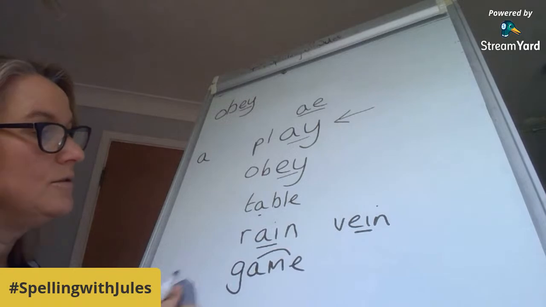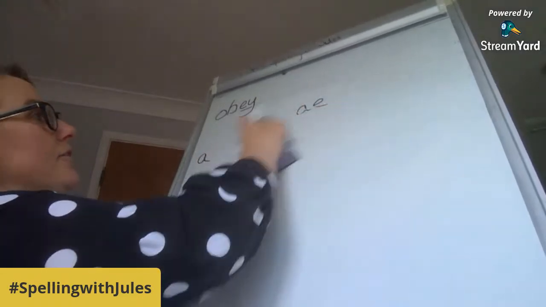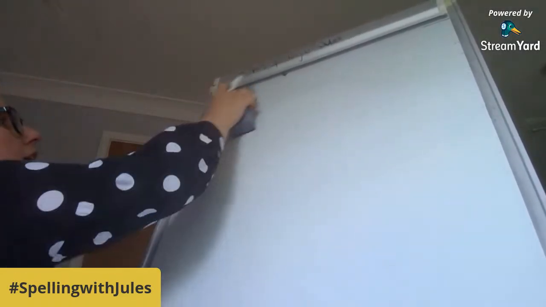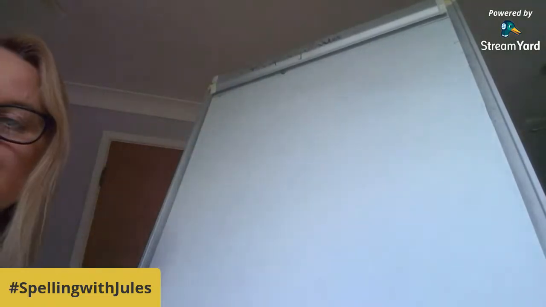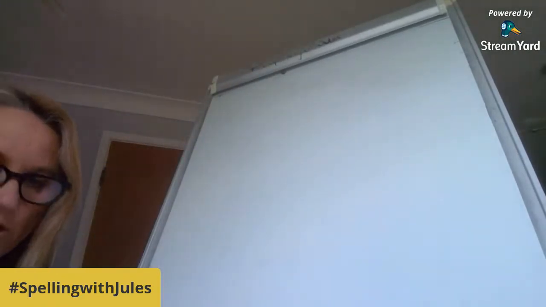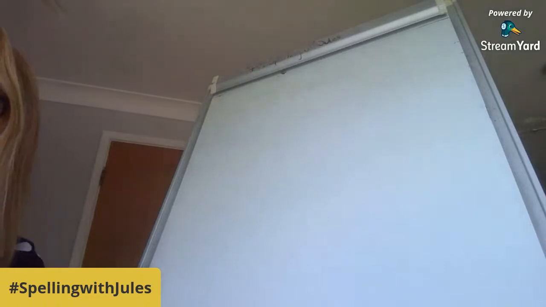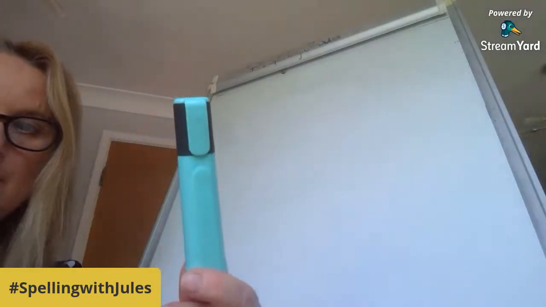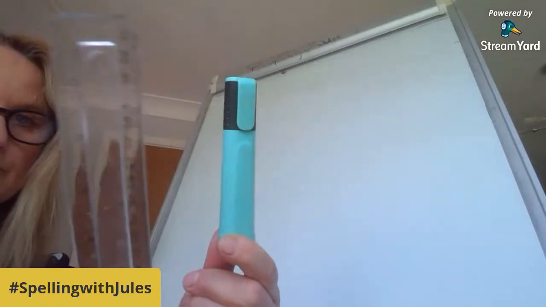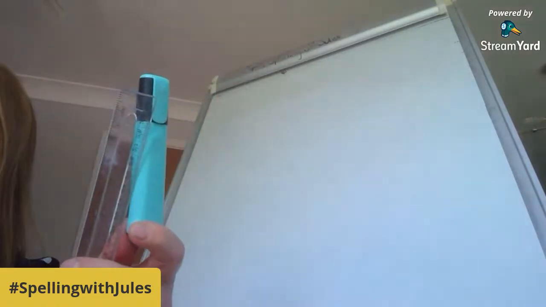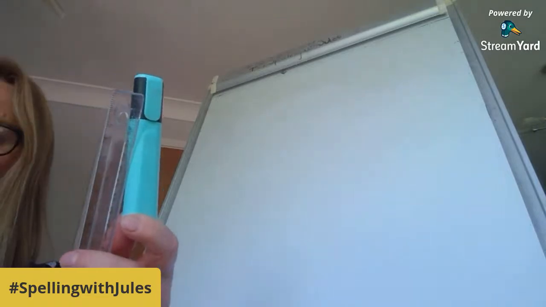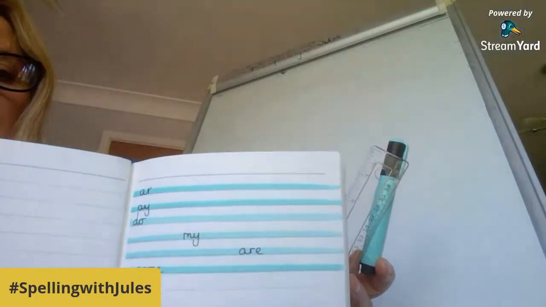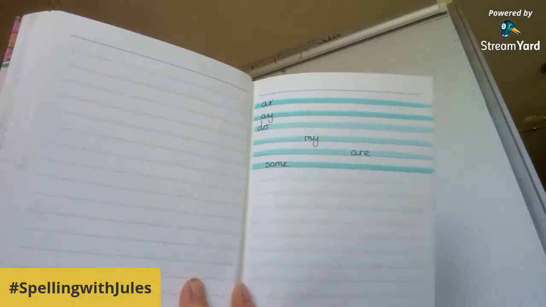And also, I want to quickly show you, if any of you struggle a little bit with what I call placement, I just wanted to show you how to do that. I meant to do it yesterday and I forgot. So you'd need a highlighter and you'd need a ruler. Okay, and then you need lined paper. Okay, like this. So in your exercise book, you could have lined paper.